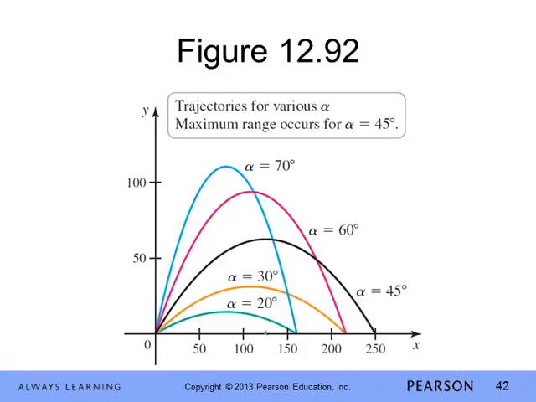But why should it be that when you take that angle and subtract it from 90 degrees, you have the two trajectories ending up at the same location?